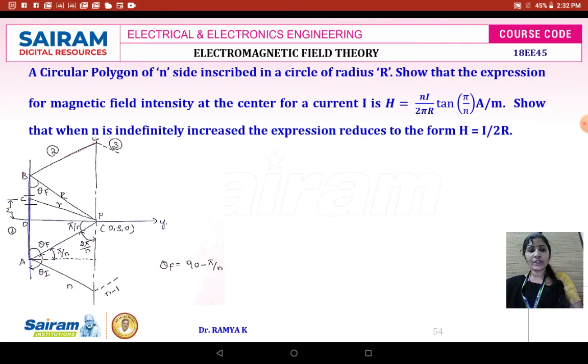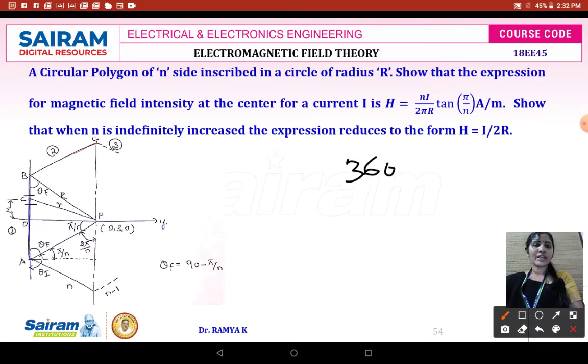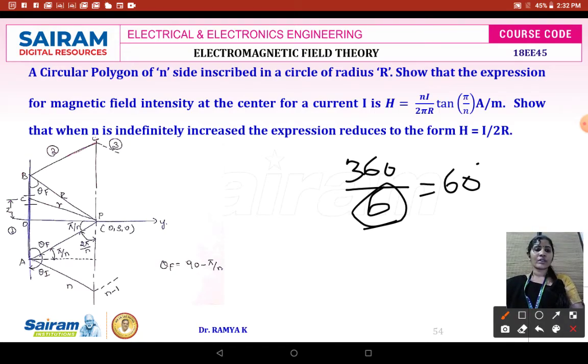Here also what we can do is, it is going to be theta f and theta I. When you have n sides, the angle between any two sides is nothing but 360 divided by 6 in case of hexagon. So the angle between any two points is going to be 60 degree.